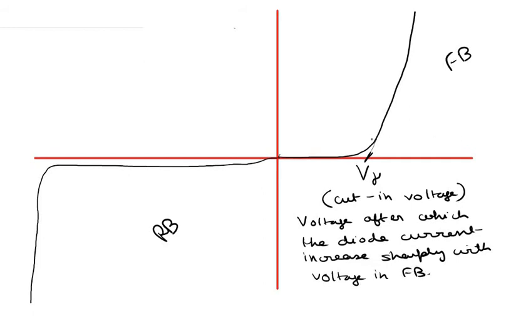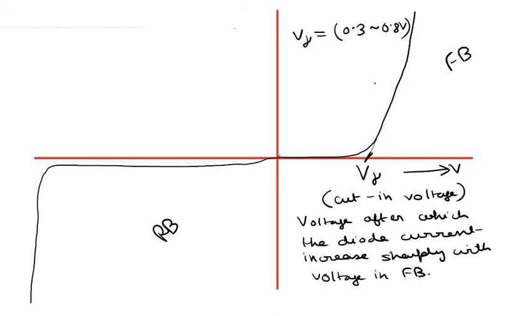After the forward bias voltage reaches V gamma, the diode current increases sharply, and V gamma approximately lies in the range of 0.3 to 0.8 volts. Actually, it is 0.3 volts for germanium diodes, and approximately 0.7 volts for silicon diodes.